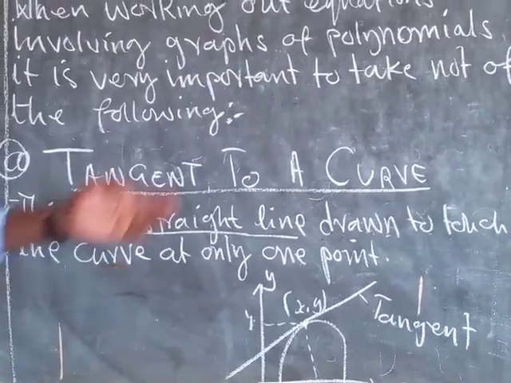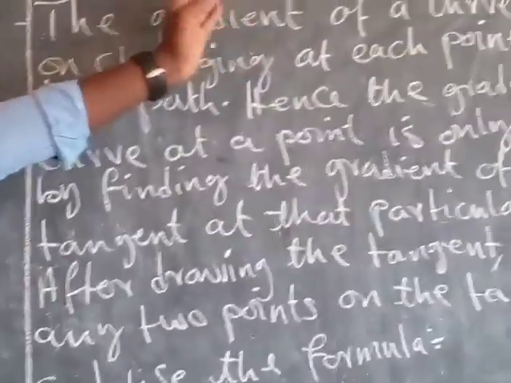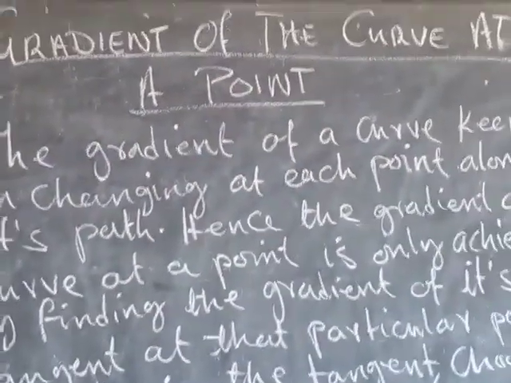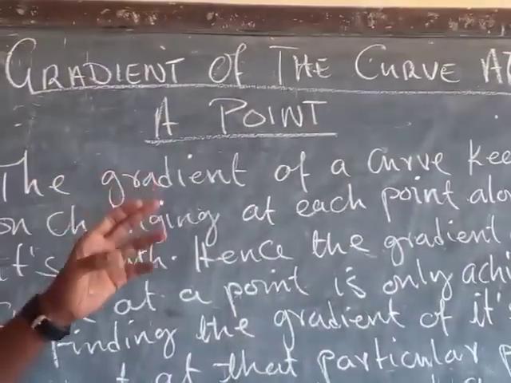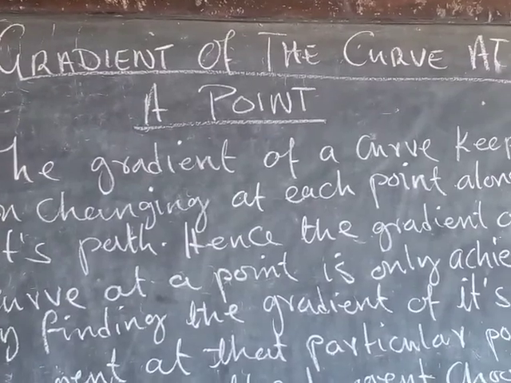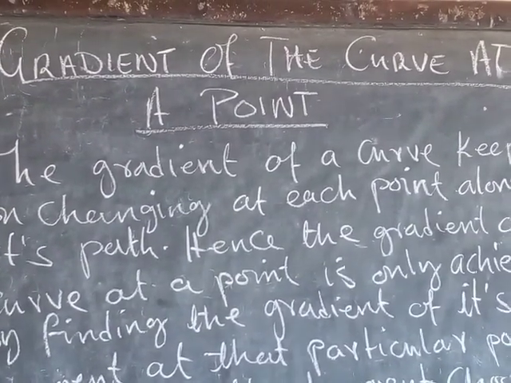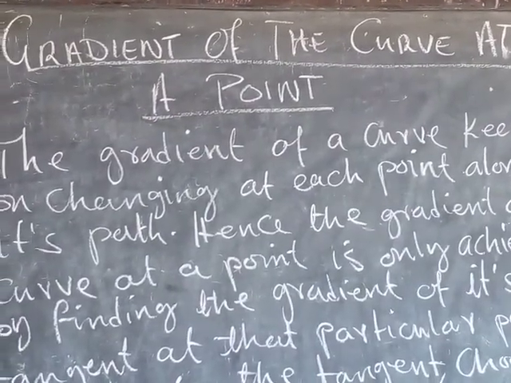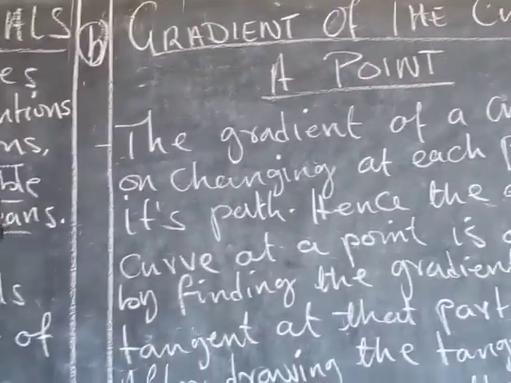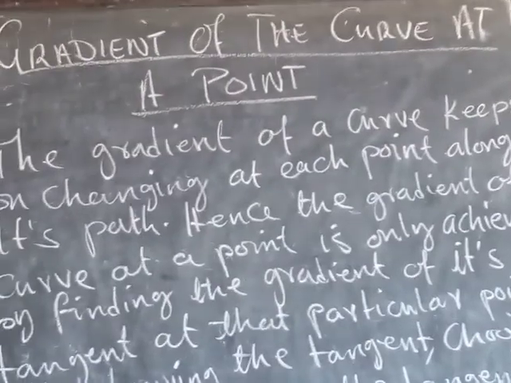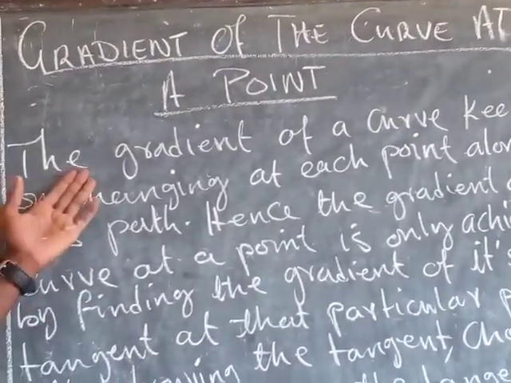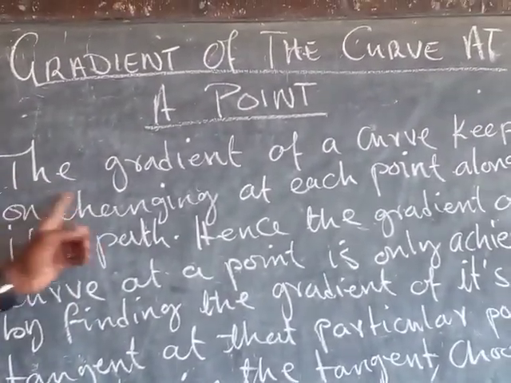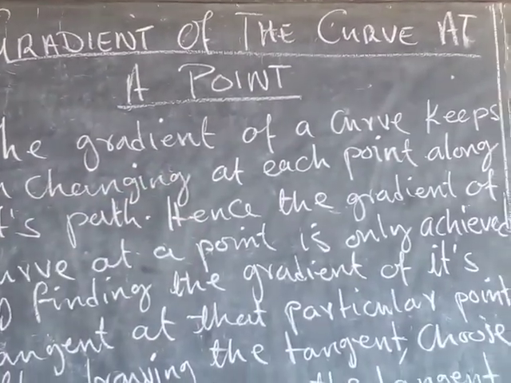So now let's talk about B, the gradient of the curve at a point. What is the gradient? We did gradient in our previous video about linear programming. If you have been following my videos on YouTube, you came across what a gradient is all about and how you use it. Again, we are repeating it here. The gradient of a curve keeps on changing.